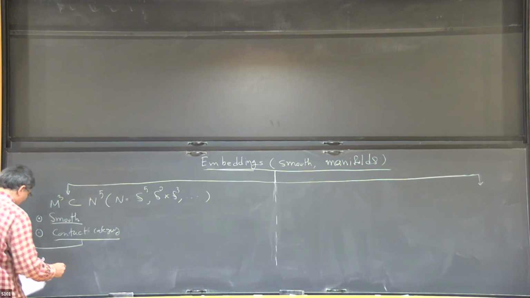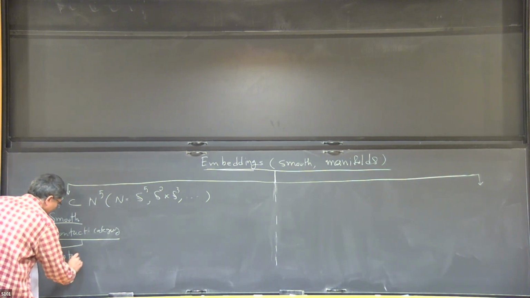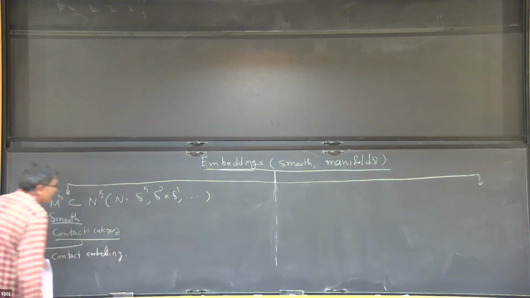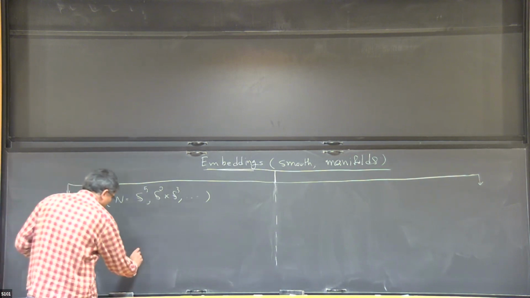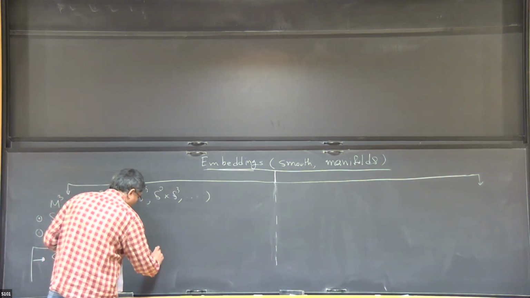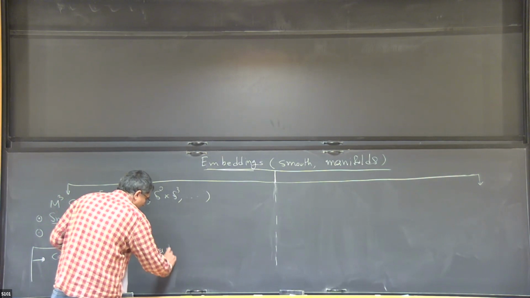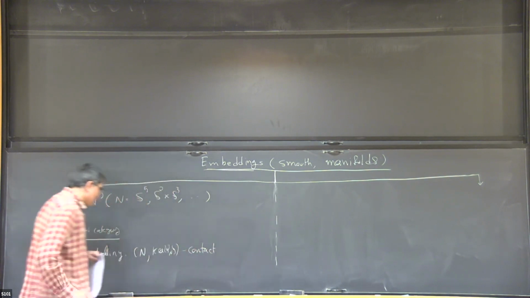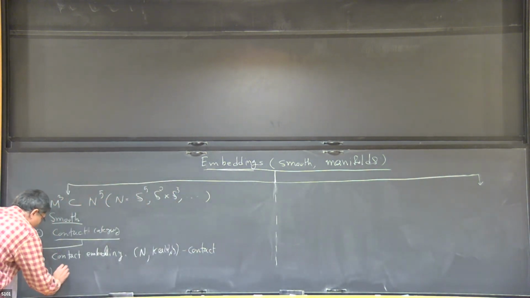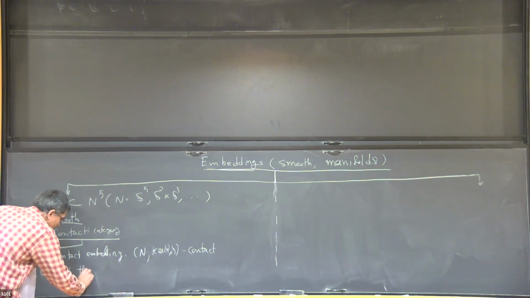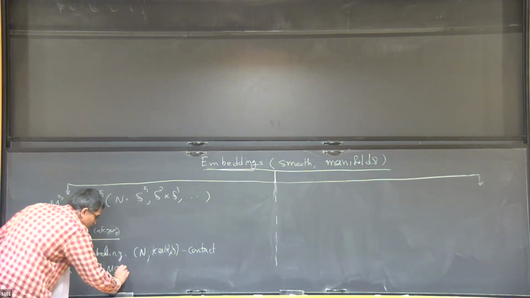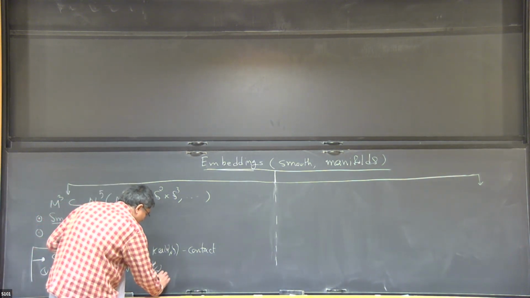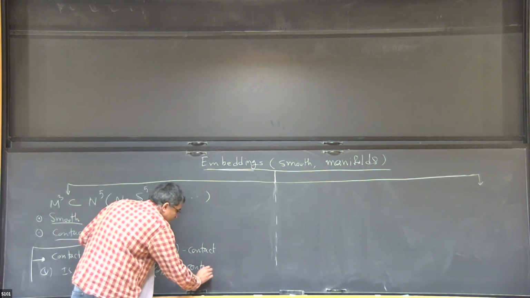One is called contact embeddings, where we put a contact structure on the target manifold, and we ask whether you can find an embedding such that the pullback of alpha n is a contact structure on it.